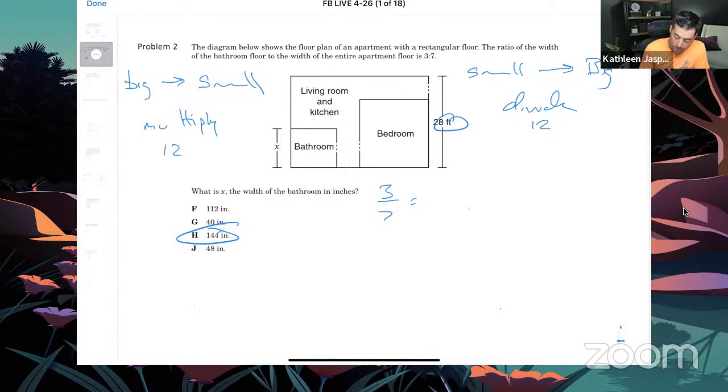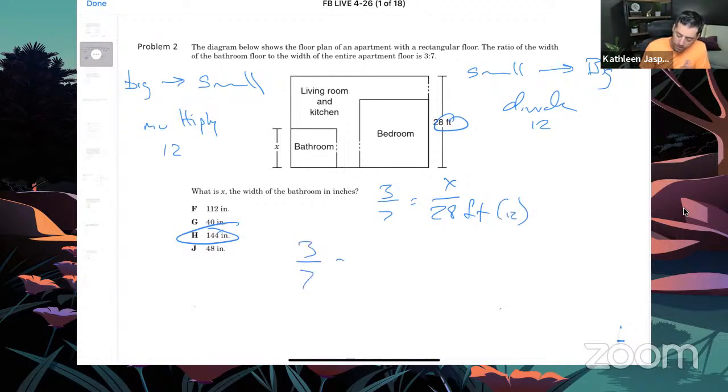Did I here? I feel like I put 12. So 3 times 28, 84. 28 feet X. Sorry about that. So what I did was I converted the 28 feet to inches. So if it's already 28 feet, then just do it times 12.